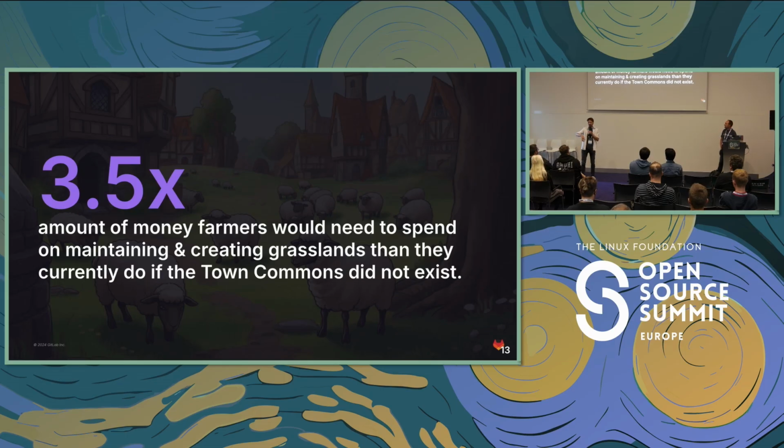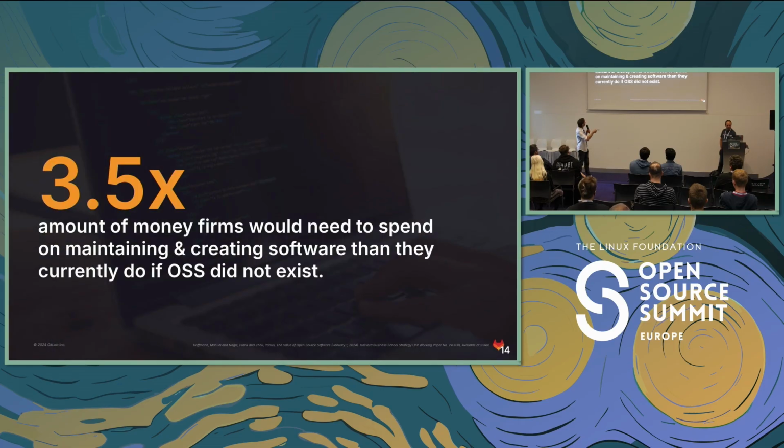Does that make sense? That's actually a study that they did for open source. If you as a company would create all the software yourself, you would have to pay 3.5 times as much than if you would consume open source. Fascinating, but that still doesn't give us the answer of how we get contributors. So okay, let's move on.